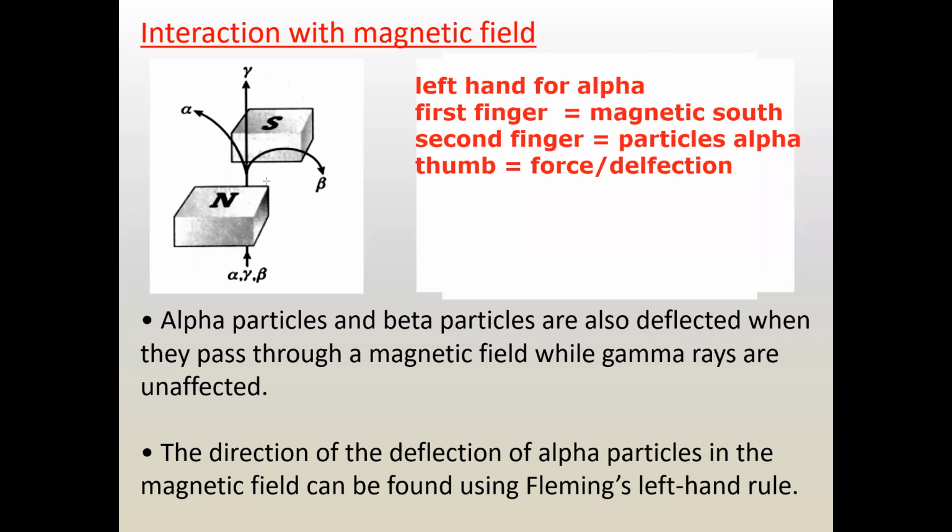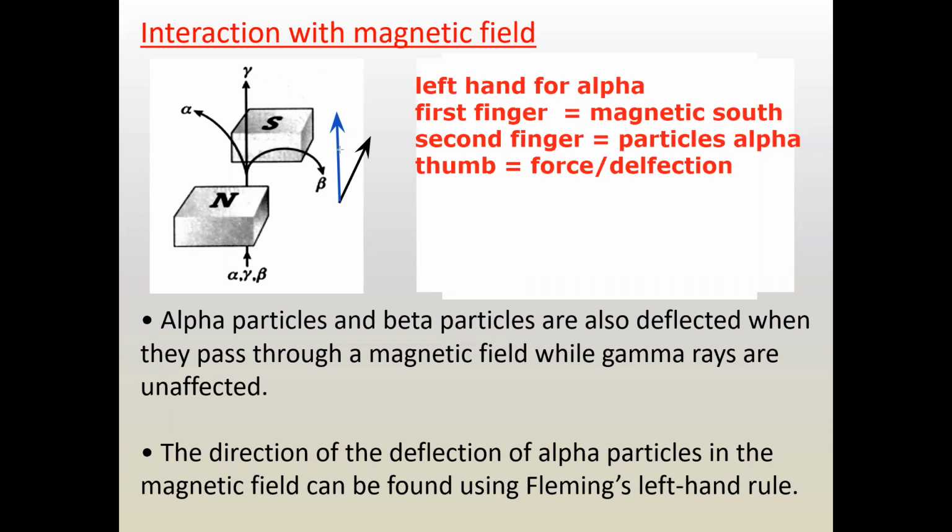Your index finger should point towards the south, in this manner, along the arrow which I am drawing. The second finger represents the direction in which alpha is coming. So alpha is coming up, and the second finger should point in this manner. So the first finger is towards the screen and the second is upward.